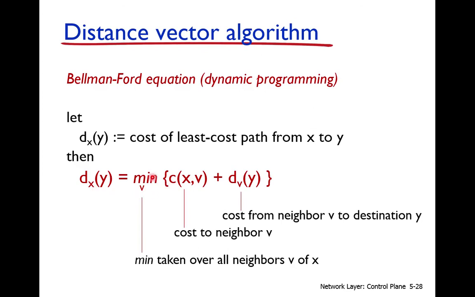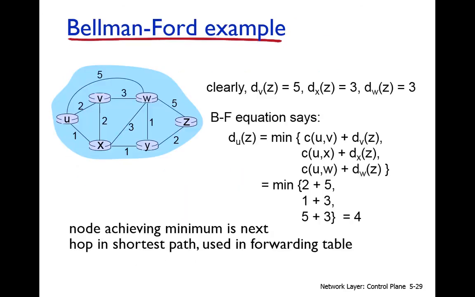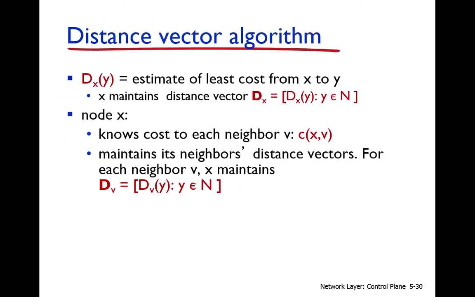It will select the minimum among the neighbors. This is explained through this example. We have discussed this algorithm, and I think it is much clearer.